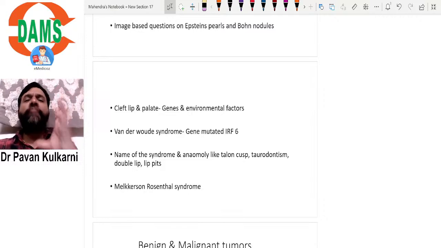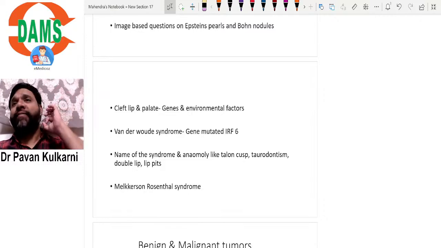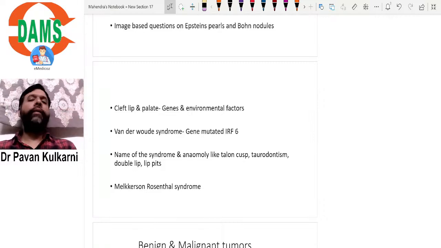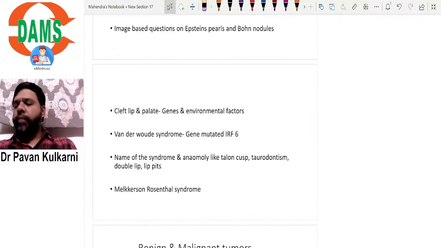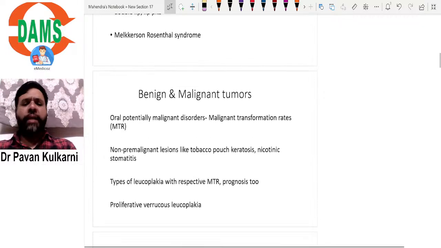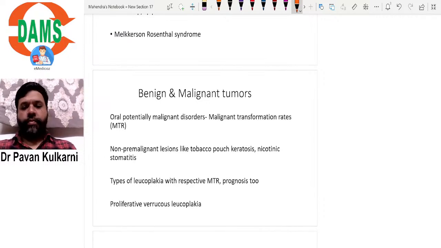The triad of Melkersson-Rosenthal syndrome is again a very, very favorite topic. What will you see? You will see the fissured tongue, Bell's palsy, and cheilitis granulomatosa in Melkersson-Rosenthal syndrome.